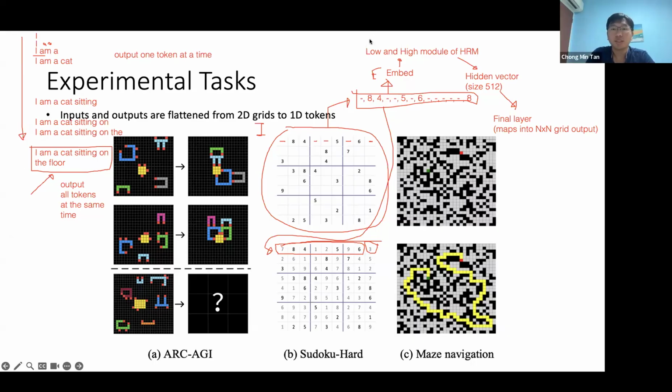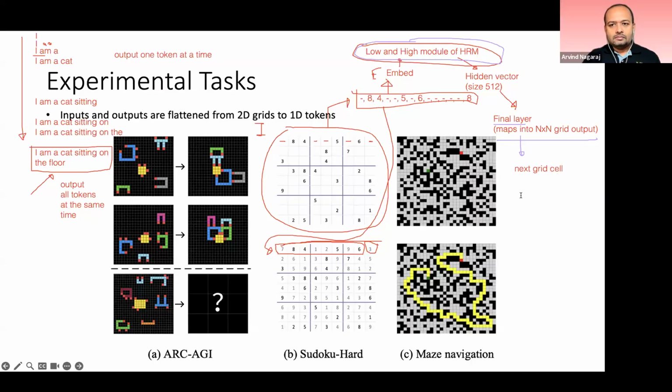I understand. So for this high level and low level interaction in this part here, I agree you should pass the entire grid info all the time. But what I'm thinking is that for the final layer here, maybe instead of doing the whole grid output, the final layer could just be next token. Hmm. Yeah. So then at the input level, this is not in the HRM, but I think this might be better.